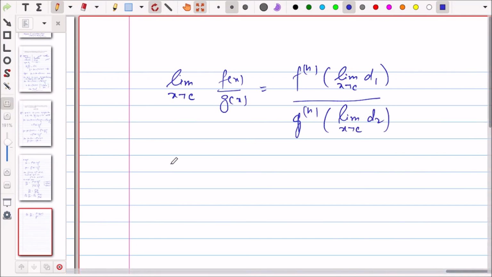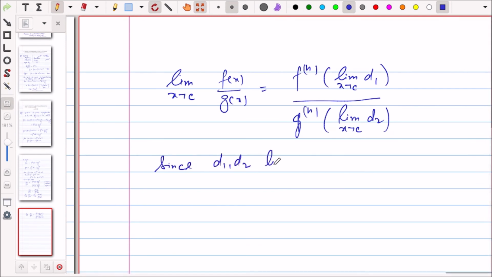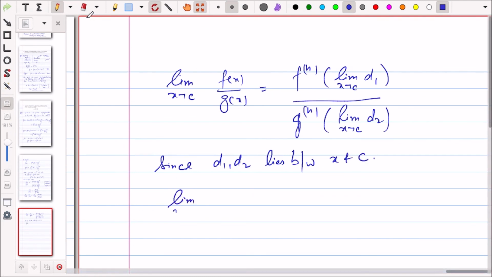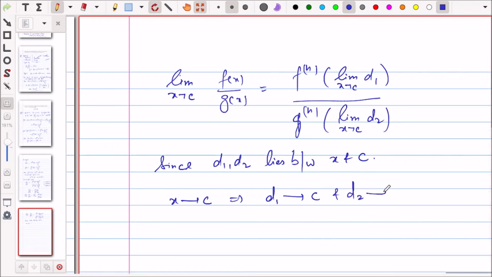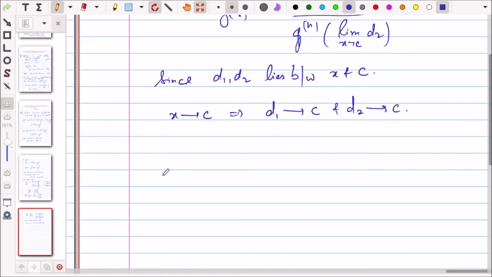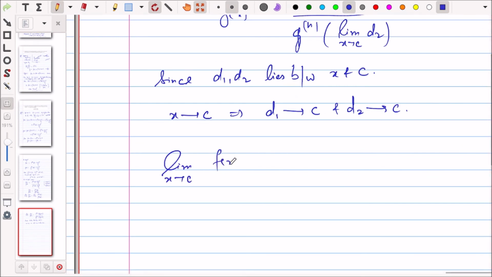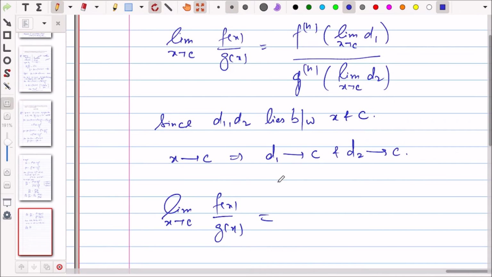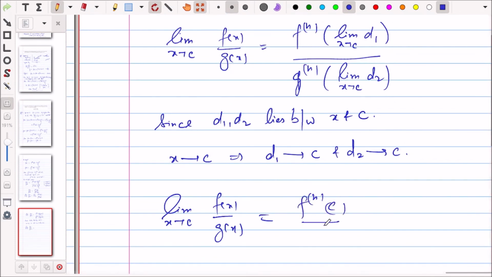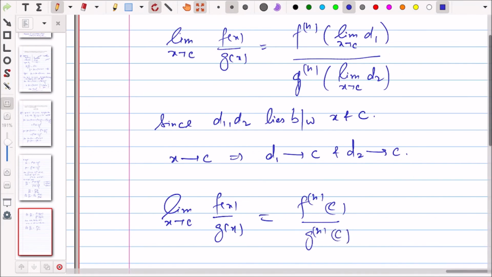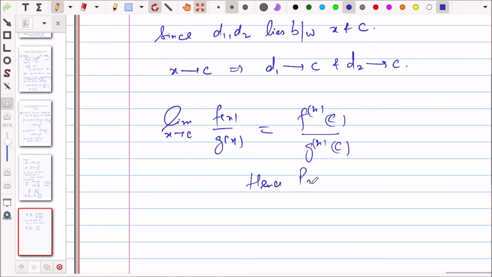Now since d1 and d2 lie between x and c, x tends to c implies d1 tends to c and d2 also tends to c. So using this we get limit x tends to c of f(x) by g(x) is equal to f^(n)(c) by g^(n)(c). Hence proved.